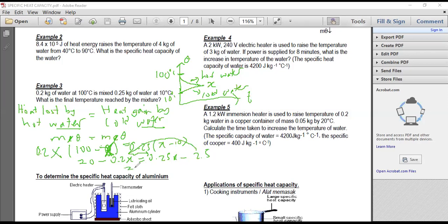So it's going to become 20 plus 2.5 equals 0.2x plus 0.25x. So 22.5 equals 0.45x. So x will be 22.5 divided by 0.45. So 22.5 divided by 0.45.